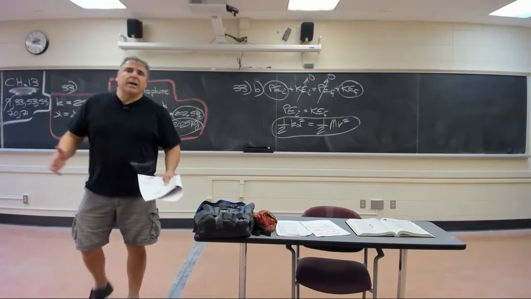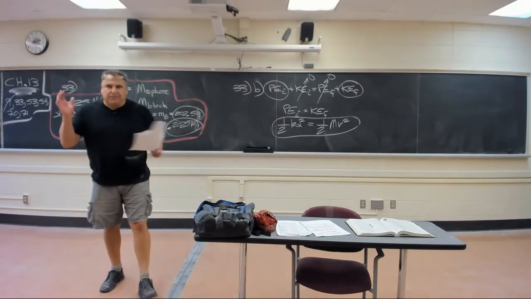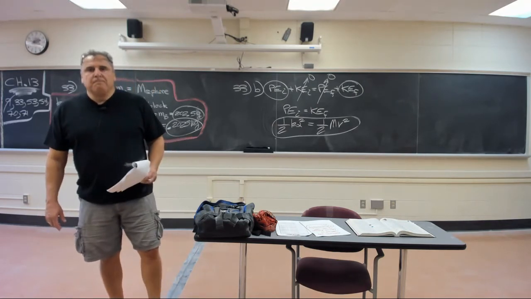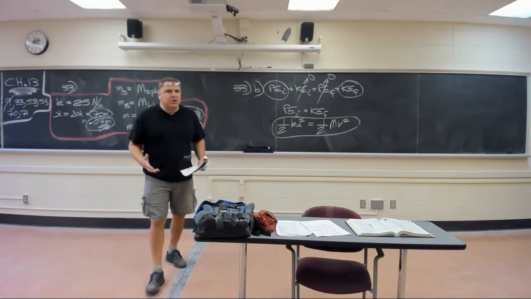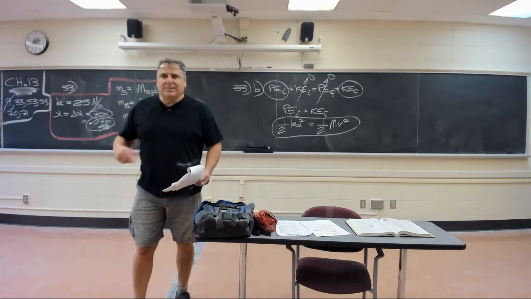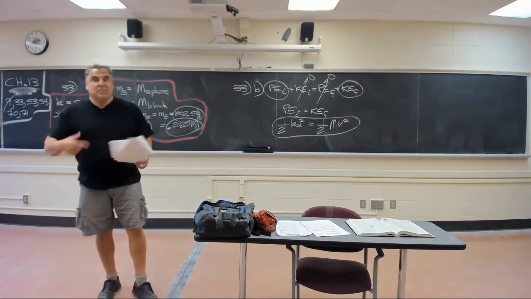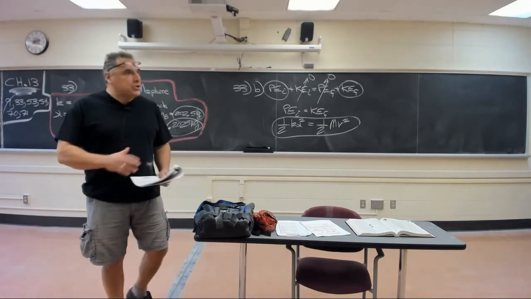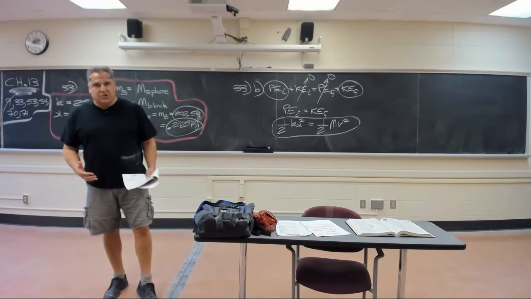There is translational kinetic energy and there's rotational kinetic energy. The translational kinetic energy suffers as a result of there having to be a rotation as well. The energy's got to be accounted for.